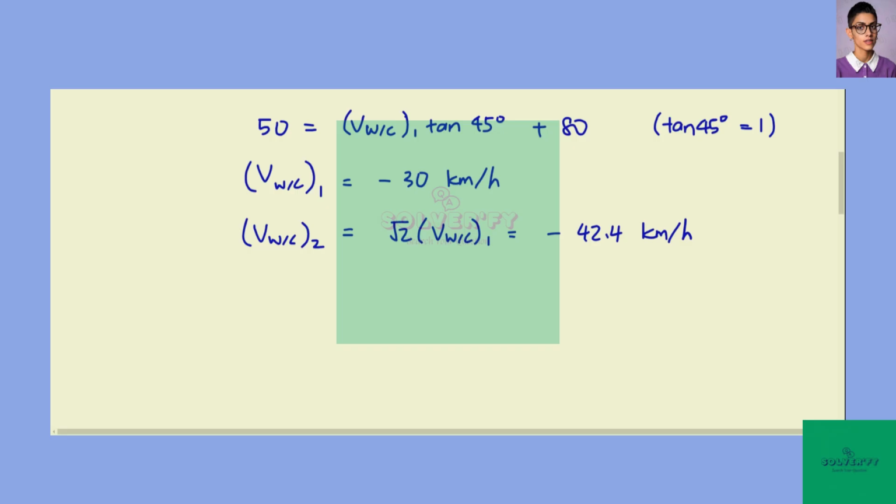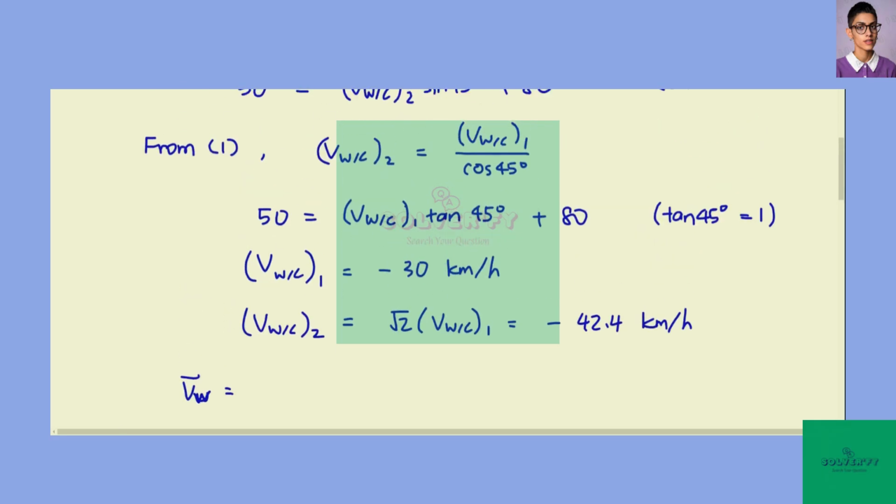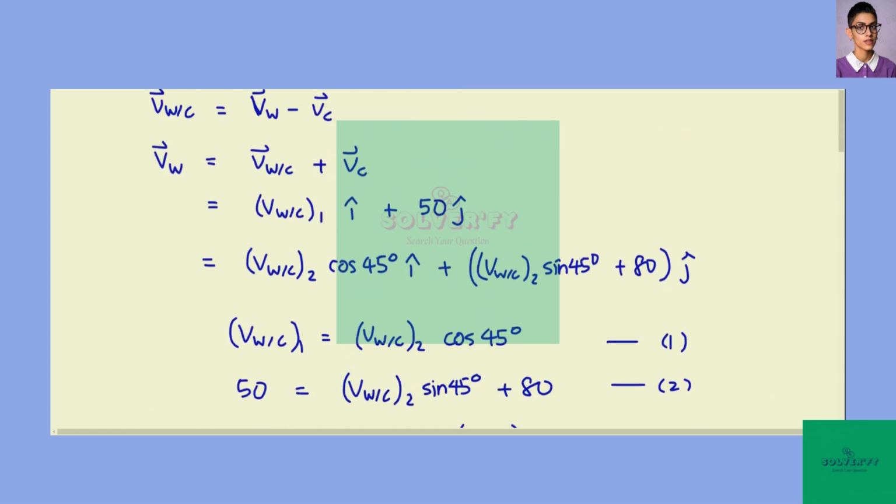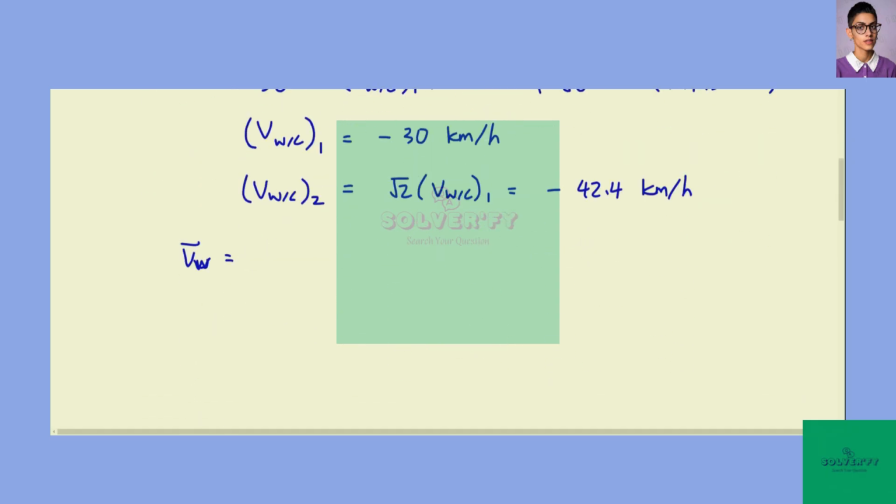So this means that our VW, if we go back, we will use this equation because we can get the answer immediately. So minus 30 i hat plus 50 j hat kilometers per hour.